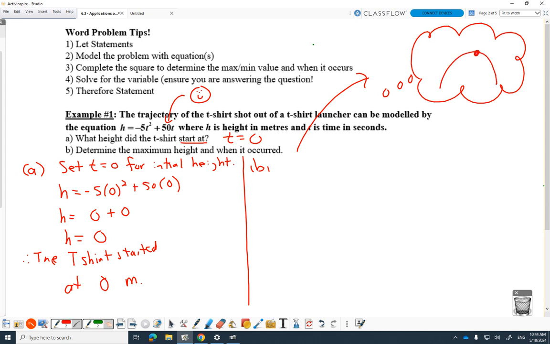What feature of the parabola will I need to find the vertex? Okay, that's the way your brain is supposed to go here. As soon as it says max height, you go, oh, vertex. Next question. If I want the vertex and this equation's in standard form, what form do I want to get? I want to get the vertex form.